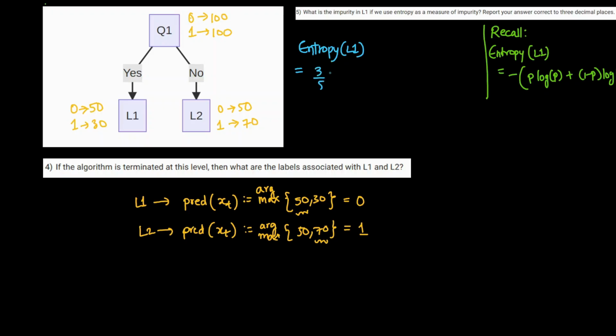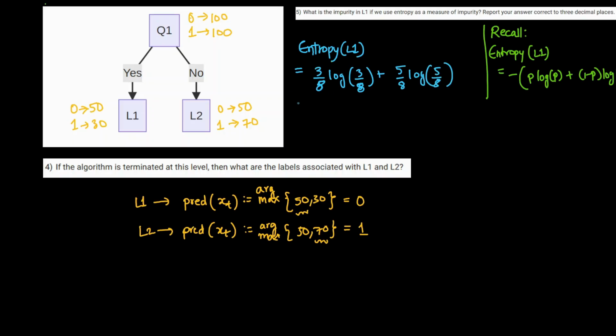So 3 by 5 times log of 3 by 5 plus, again, sorry, it's not 3 by 5, it has to be 3 by 8 because 30 by 80, right? Similarly 50 by 80 is the fraction of labels corresponding to 0, so I'll write it as 5 by 8 log 5 by 8, right?